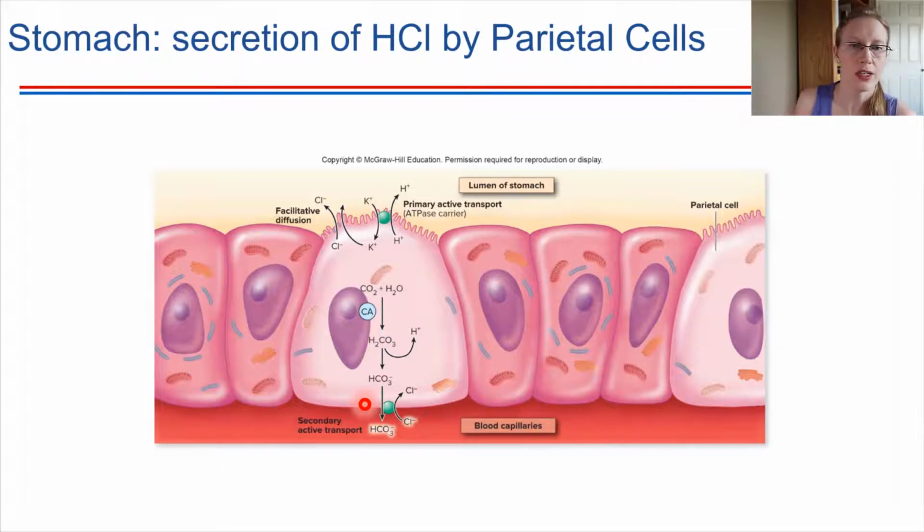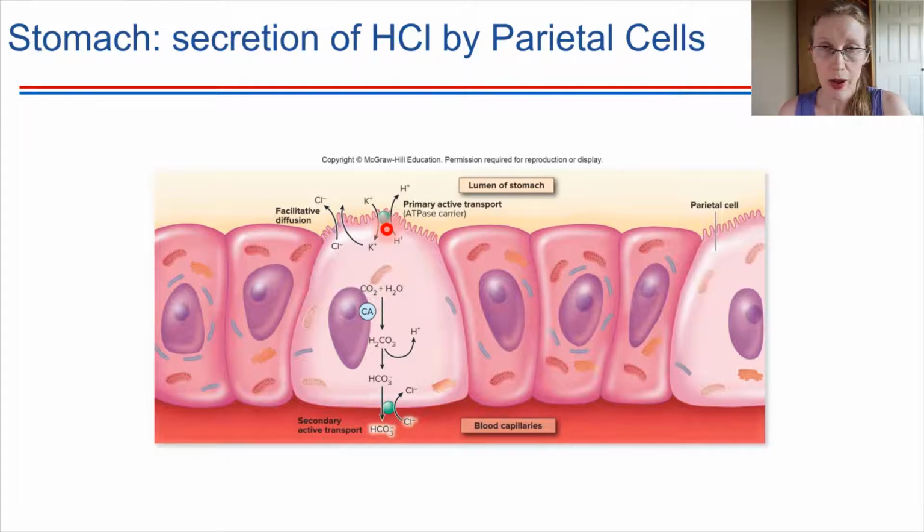So what is the specialization that's going on here? Let's start on the lumen side, the side facing the lumen of the stomach. What we have embedded in the parietal cell membrane right here is a pump. This is an ATPase. That just means it is a pump that uses ATP as an energy source. So it's going to use some ATP to do its job.